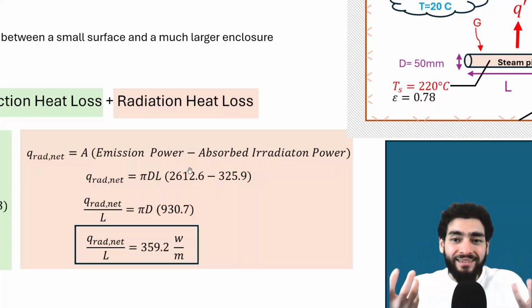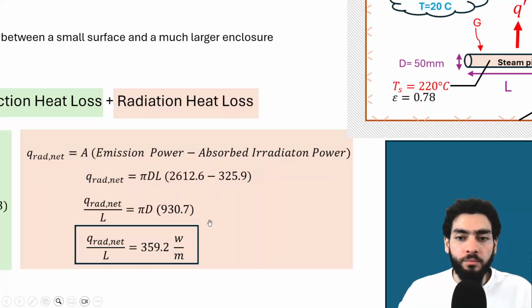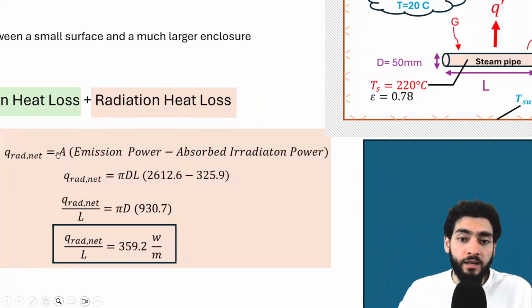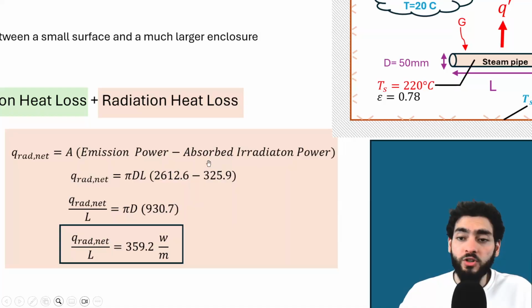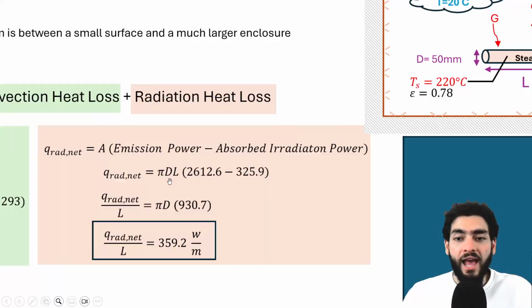So the net radiation heat loss would be the emissive power minus the radiation absorbed, all times the surface area. So we've calculated 2,612.6 watts per meter squared for the emissive power. Now, you subtract the absorbed irradiation power of 325.9 watts per meter squared, and you do the same thing with the area.